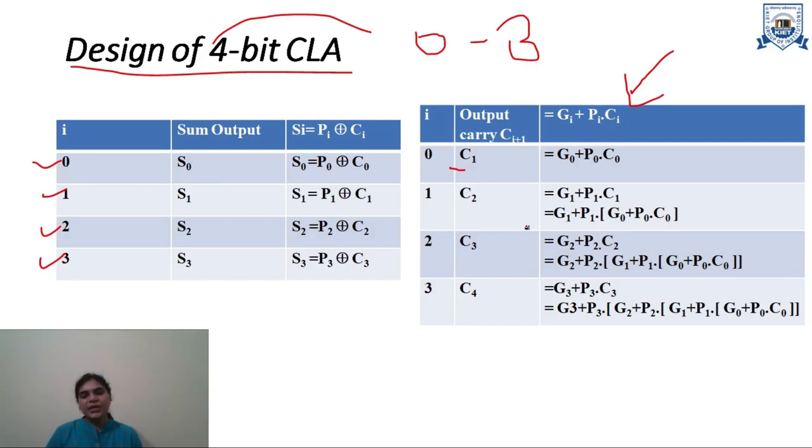Because we have to reduce the carry propagation, we have to calculate the carry in advance. So we will consider the carry output equation. Here the carry output equation is Gi plus Pi into Ci. So we will put the values of i and solve the equation.